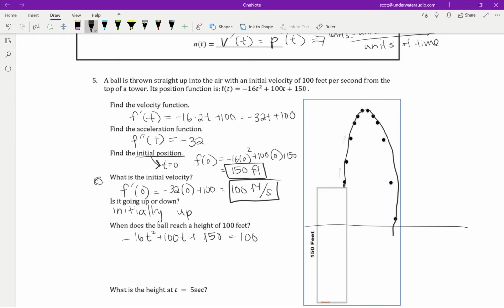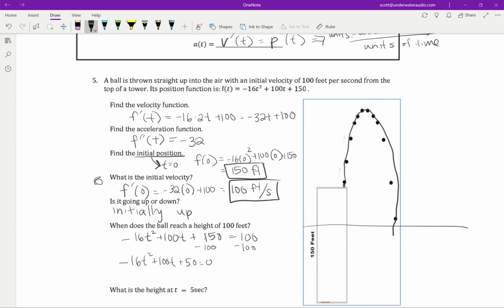So I'll start by, oh, this is a quadratic. So hopefully you're kind of up to date with your quadratics. If I want to solve a quadratic, I will subtract to get 0 on one side. That gives me negative 16t squared plus 100t, 150 minus 100 is just 50.